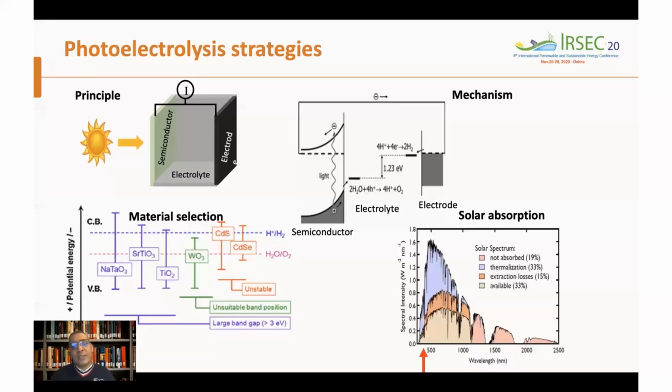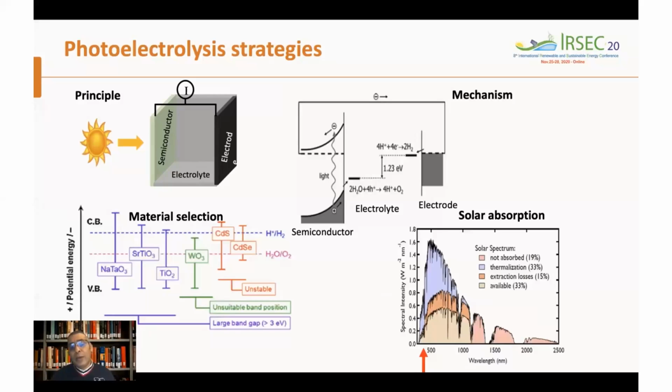So what are the remaining materials? They are wide band gap semiconductors. For instance, strontium titanate is well known as a photocatalytic material, and titanium dioxide also, in the anatase form, is known to have very high photocatalytic activity.